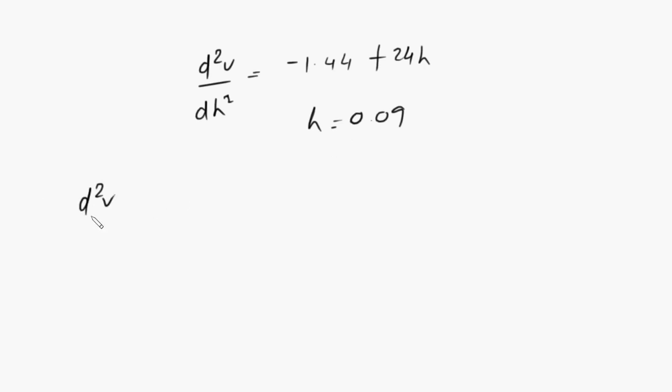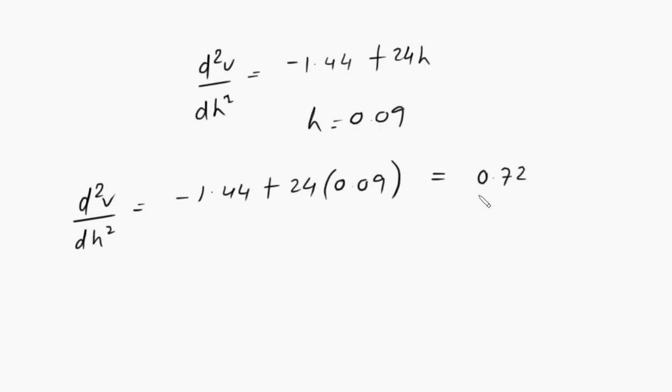So for h equal to 0.09, it is negative 1.44 plus 24 times 0.09. Using your calculator, you get positive 0.72. So it is a positive value, which means this one will give the minimum volume. But the question wants us to find the maximum volume.